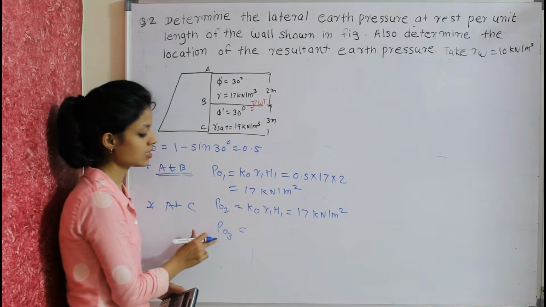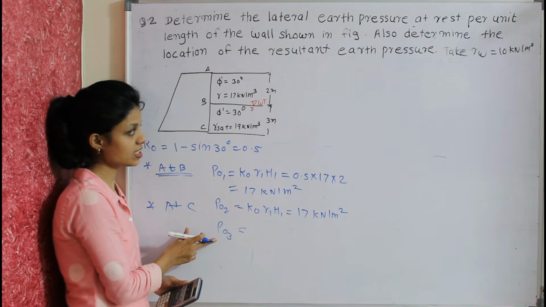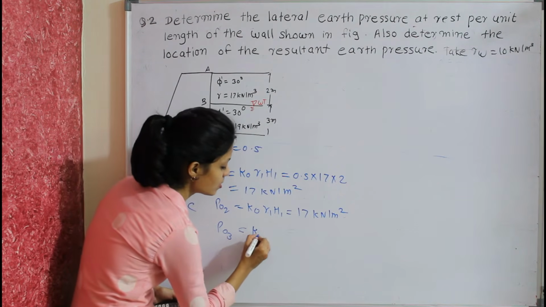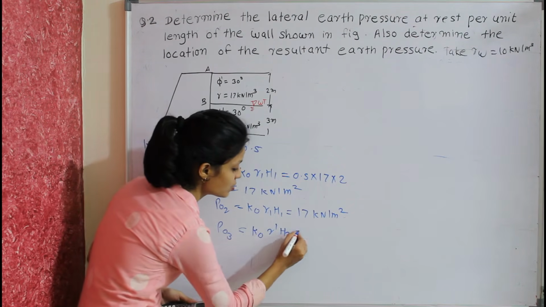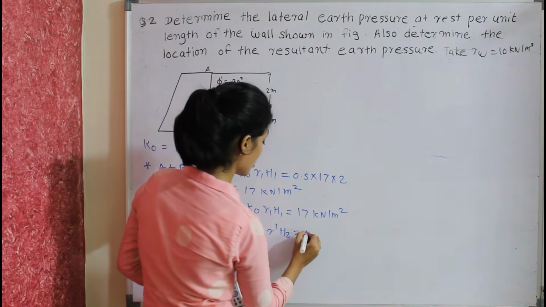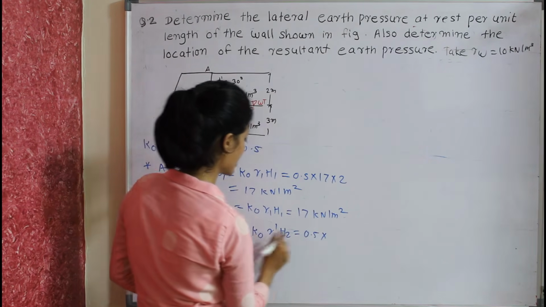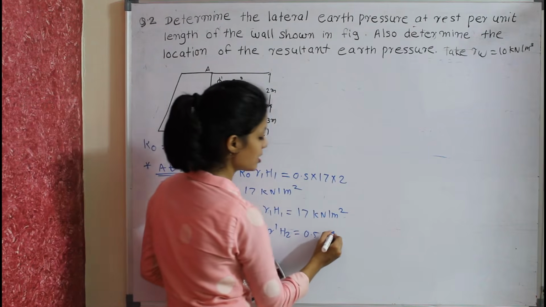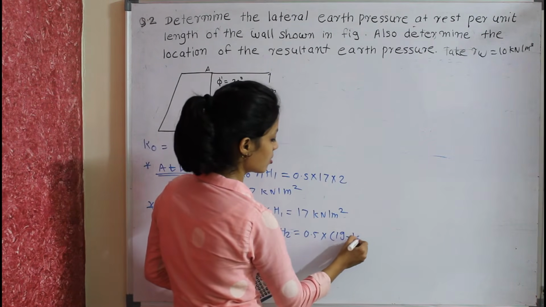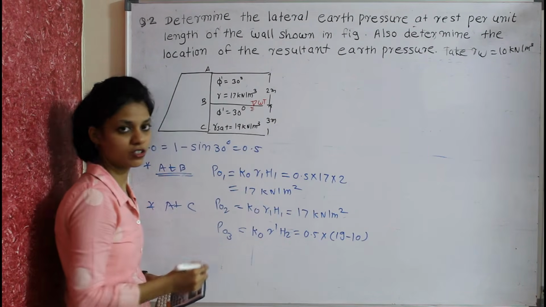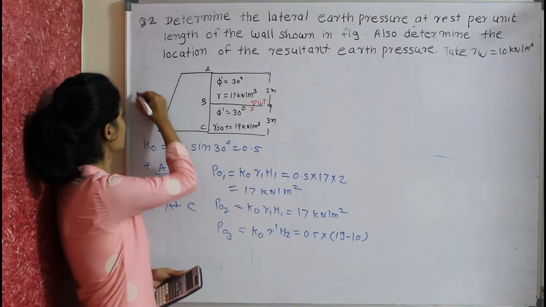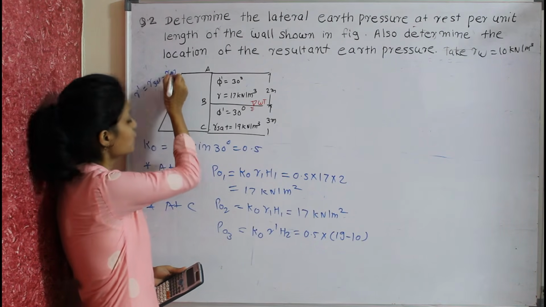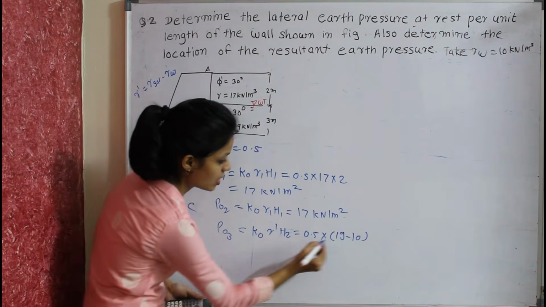Next is P03, that is the pressure intensity due to the second layer, the submerged layer. K0 gamma submerged into H2. K0 is 0.5. Gamma submerged is gamma saturated minus unit weight of water, into the thickness.